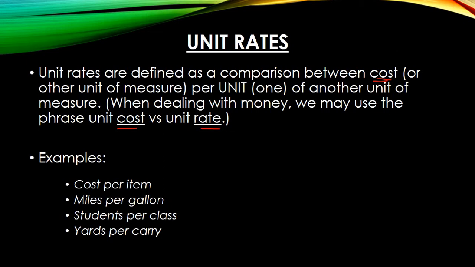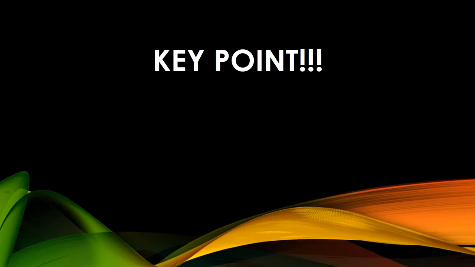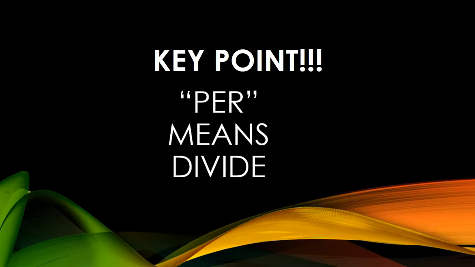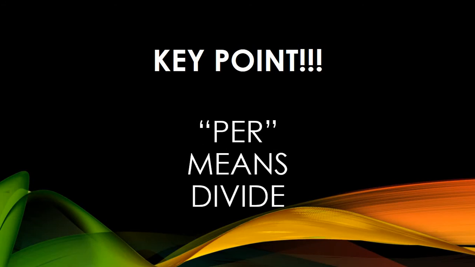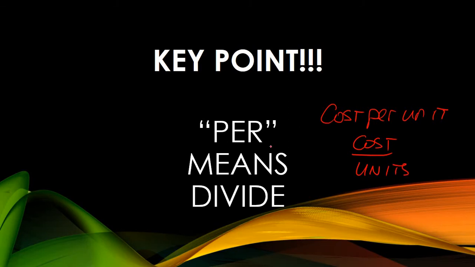All of those are unit rates. And the key about unit rates is that the word per means divide. So if I say cost per unit, that means that I'm going to take the cost and divide it by the number of units. Per means divide. Per whatever, that's what I'm dividing by, okay?